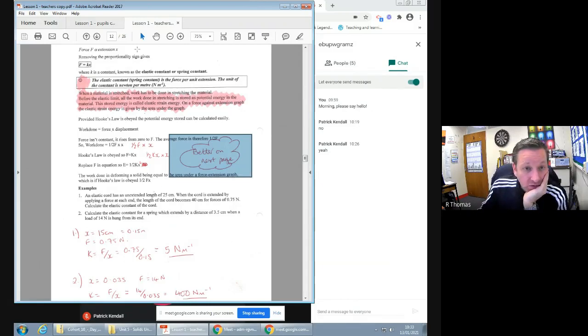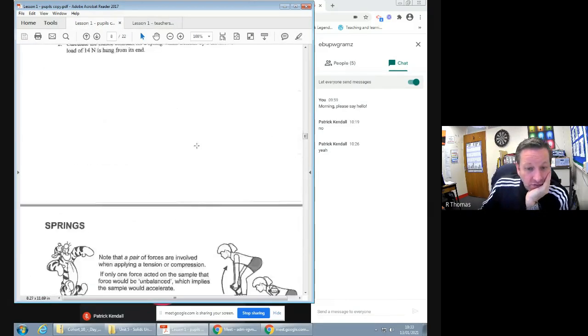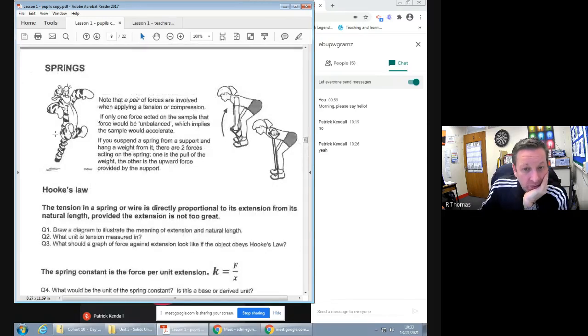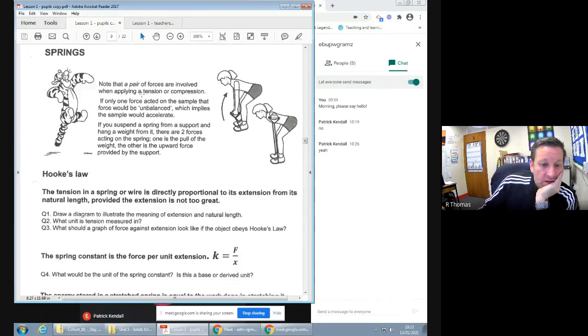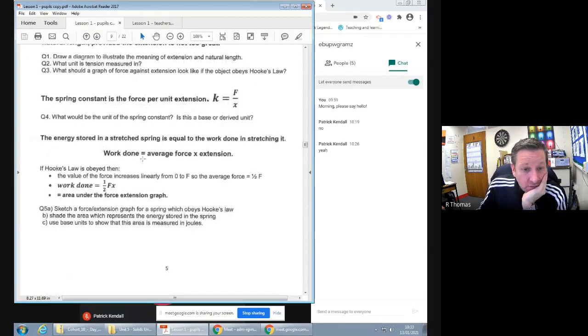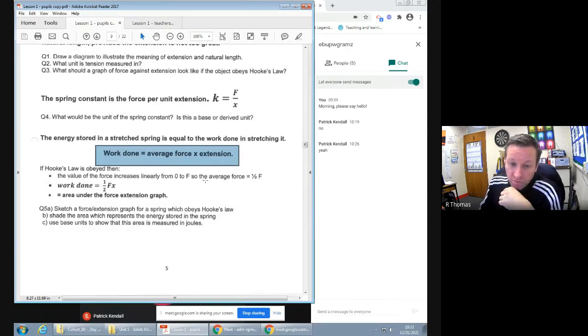So before we look at these two questions, go to your next page for me. You've got a picture of Tigger and a picture of a lady doing some exercise. And let's look at it here. Work done is average force times extension. Average force going from 0 to F is a half F. So the work done is a half times F times x.